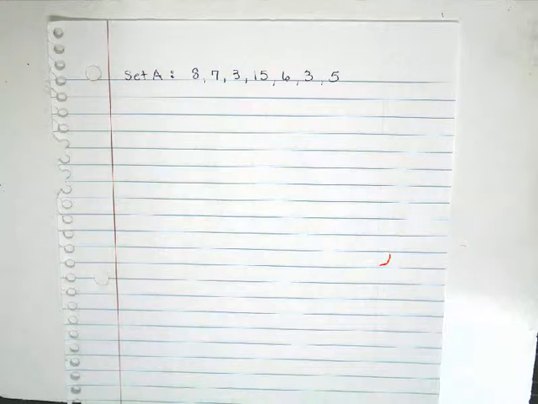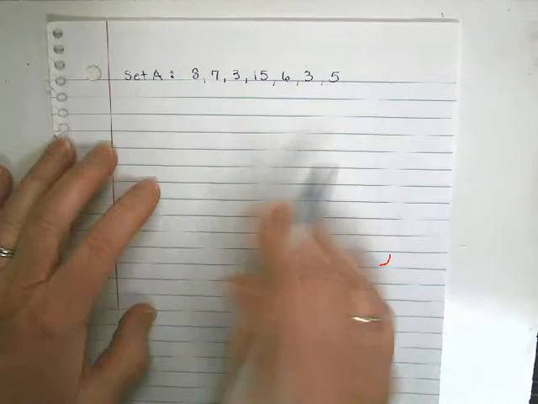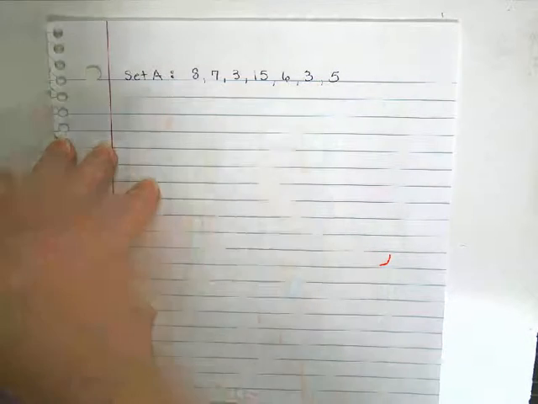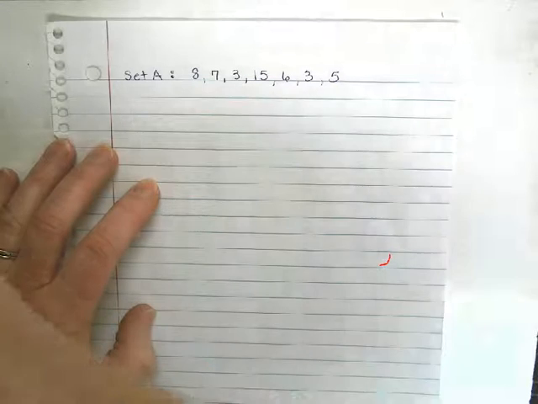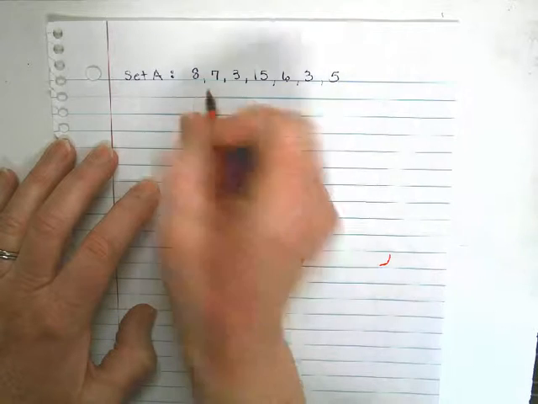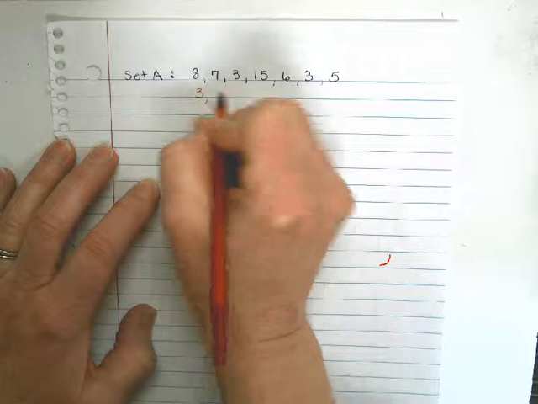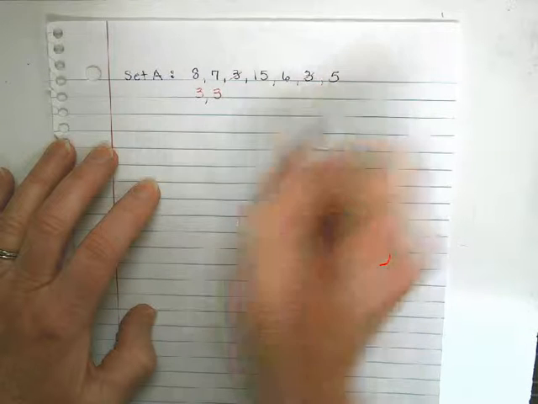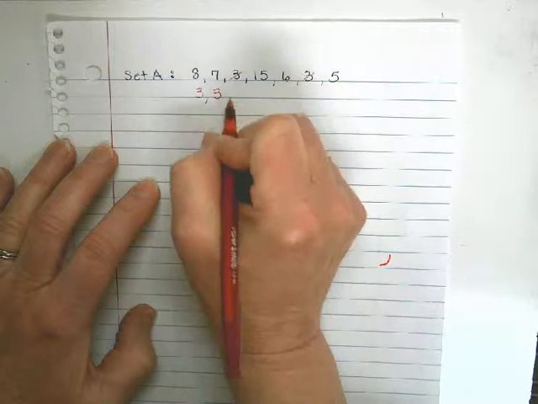So go ahead, once you have them written down, then let's get them put in order. And it's not a bad idea to cross them out so that you make sure you get them all included.